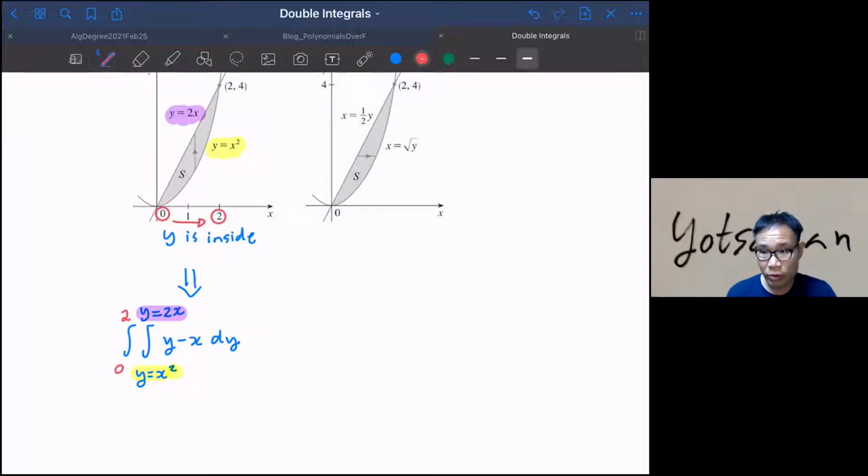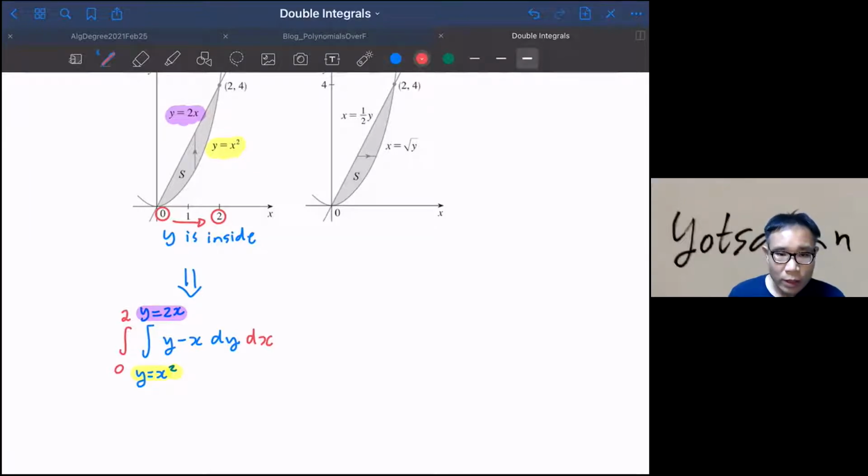And this one will be dx. Okay, so you see that the color is quite okay for this one. Let me just erase this and use the red color. So you see the feeling of the outside integral and the inside integral from this picture also.